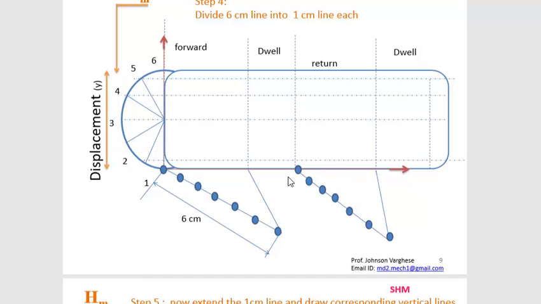Actually for the return stroke, the line may not be made because it is exactly 6 centimeters, so you can divide every compartment to 1 centimeter. But since I am doing it for the forward stroke to demonstrate how the compartment of any forward stroke or return stroke can be divided, I am just displaying it.